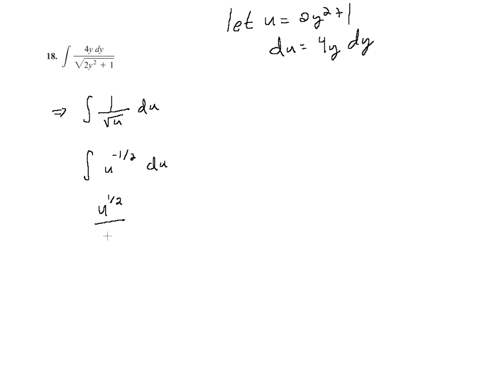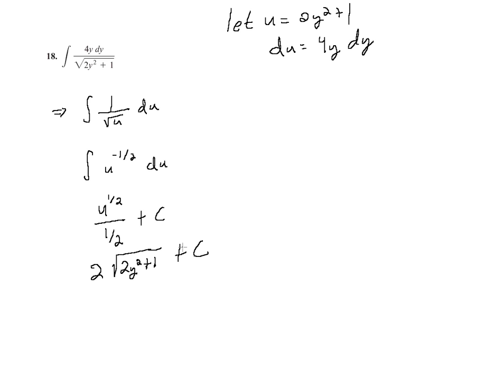Put it over the new power, and then plus c, bring that fraction out of the denominator, multiply by its reciprocal, you get 2 times the square root of u, and remember u is 2y squared plus 1. And then don't forget your plus c.